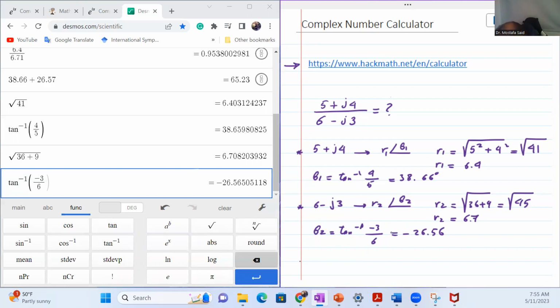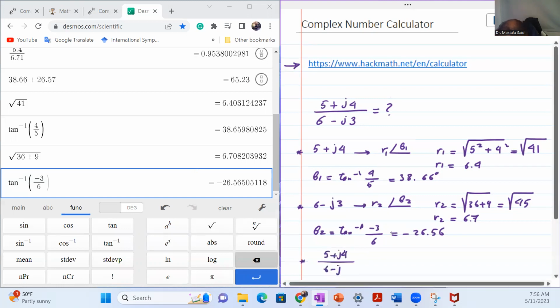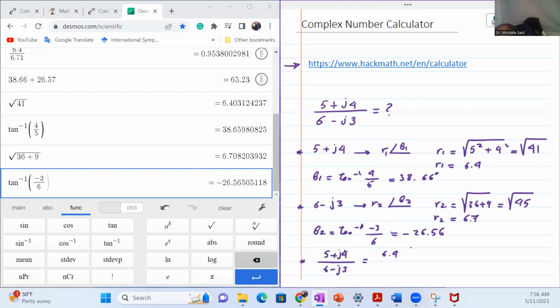Now we can write our problem in that way. 5 plus j4 divided by 6 minus j3 equals R1 angle theta 1 divided by R2 angle theta 2. R1 is 6.4, theta 1 is 38.66, divided by 6.7 angle minus 26.56.